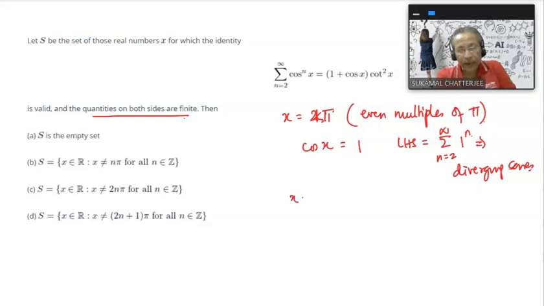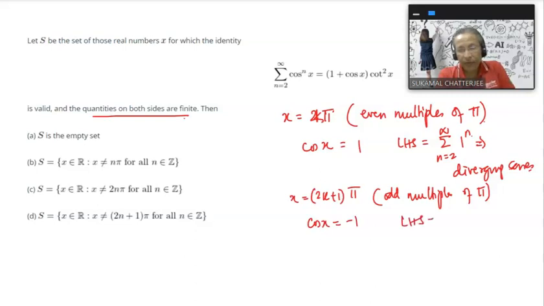Similarly, if I put x equal to (2k plus 1) pi, which means odd multiples of pi, then cos x will be negative 1 and the left hand side will become the sum of (minus 1) to the power n, n equal to 2 to infinity. Again, this is a diverging series.